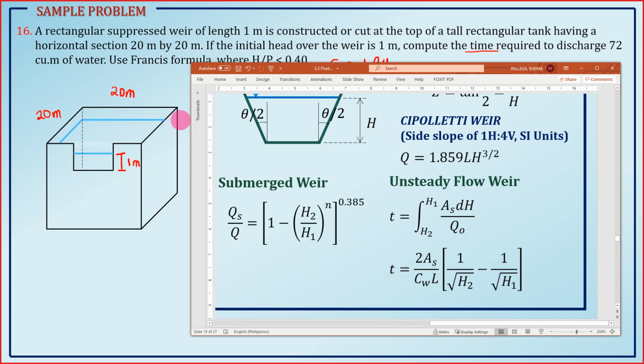So, as we go down doon sa liquid natin inside the tank, habang nagwi-withdraw yan, yung cross-sectional area natin, constant lang, di ba? So, meaning, ang gagamitin na natin is ito, equation for the time. So, solve natin, di ba? Yung nagwi-withdraw dito is hindi naman nagbabago. So, ito yung gamitin natin.